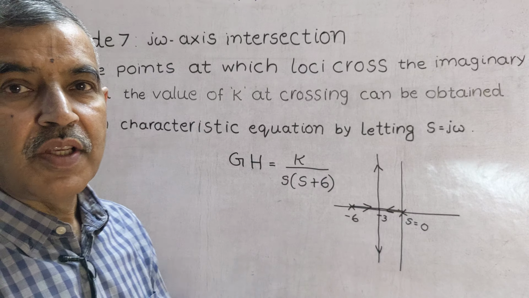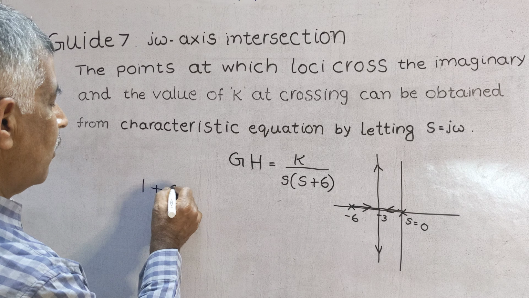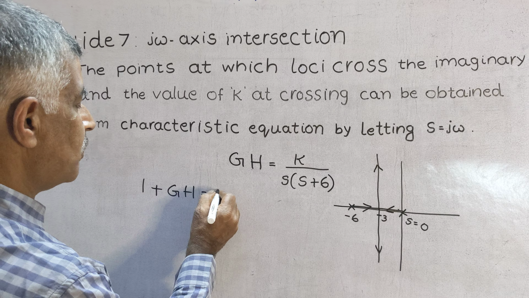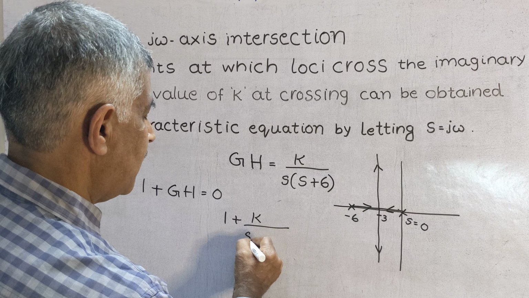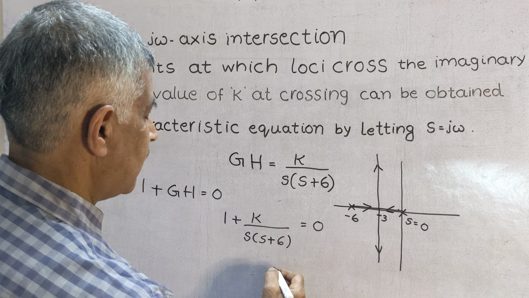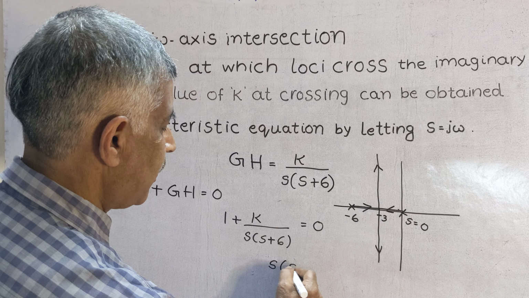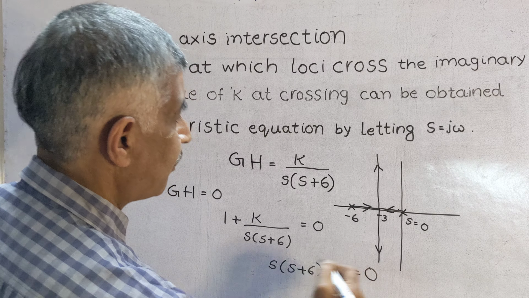How to form the system characteristic equation? 1 plus G(s)H(s) equal to 0. Therefore, 1 plus k by s into (s plus 6) equal to 0. Therefore, s into (s plus 6) plus k equal to 0.